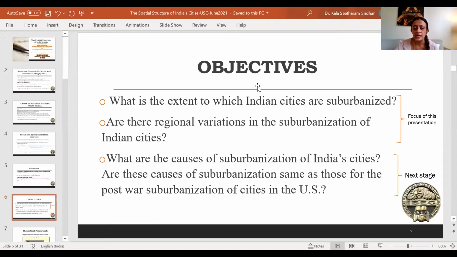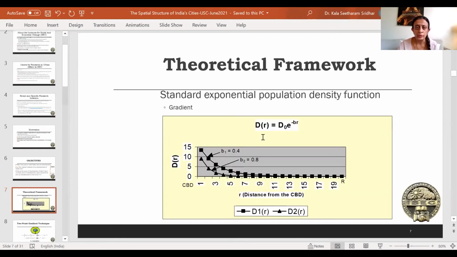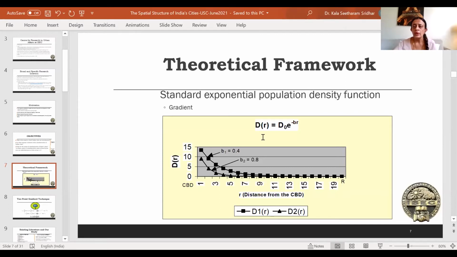These first two questions I answer today in the presentation, but the third, the causes of suburbanization in India's cities, and whether they are the same as those that explain the post-war suburbanization of cities in the US, is something I do not get to because that part of the work is not complete yet, right? So now let us try to understand the theoretical framework for understanding suburbanization.